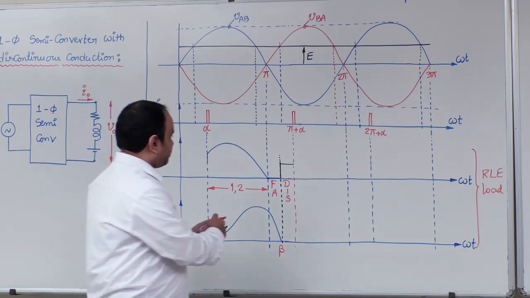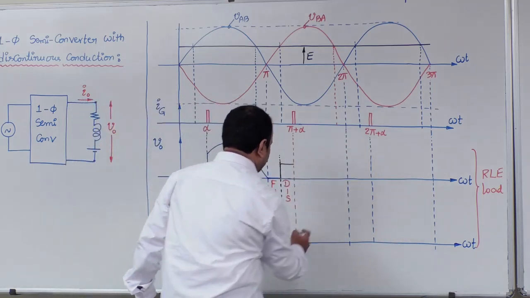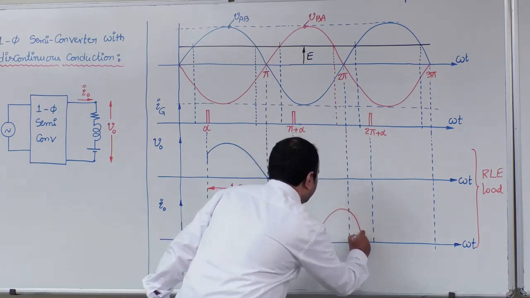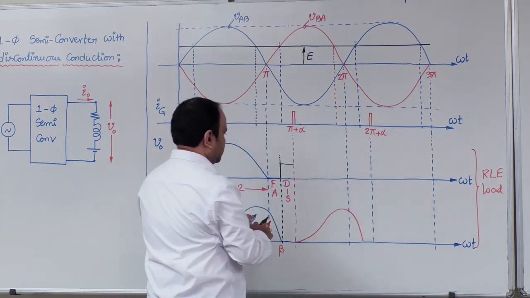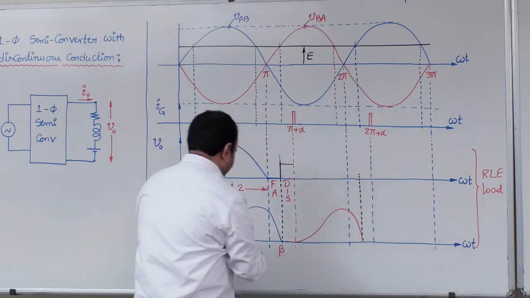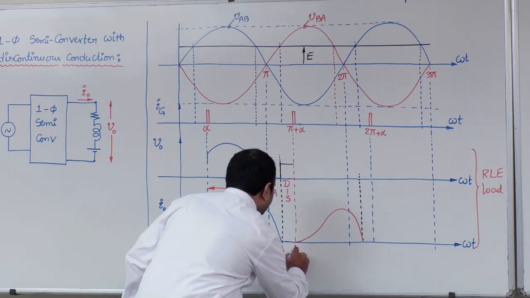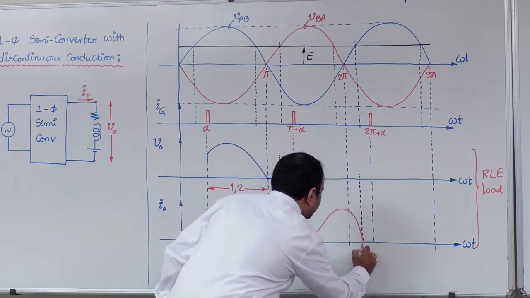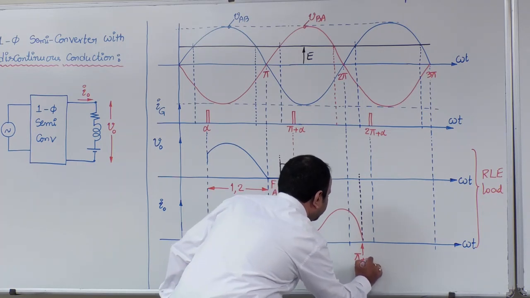Next, pi plus alpha to pi plus beta. This instant is pi plus alpha, and this instant is pi plus beta.